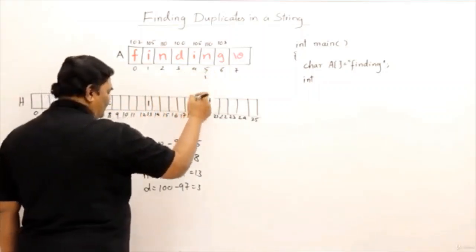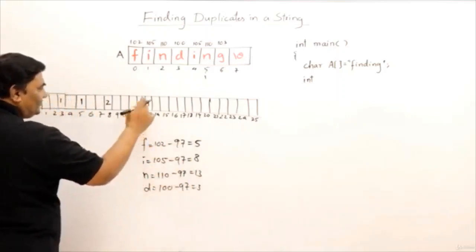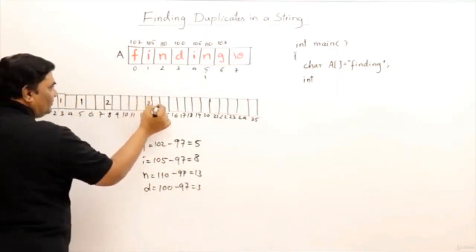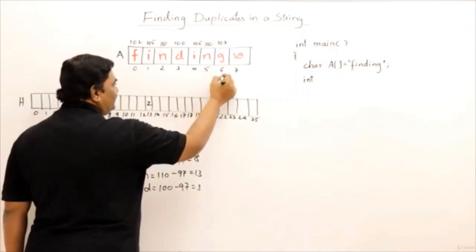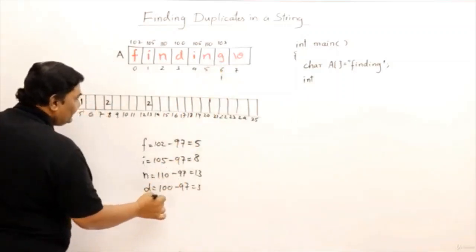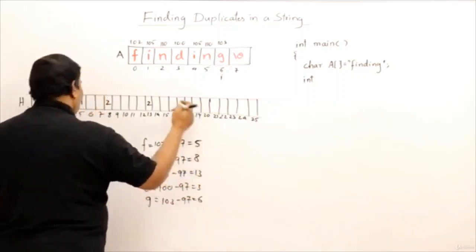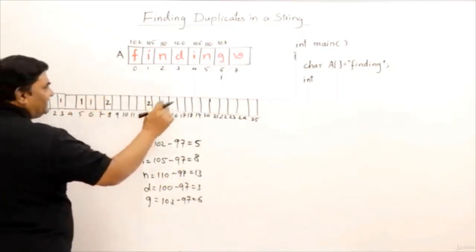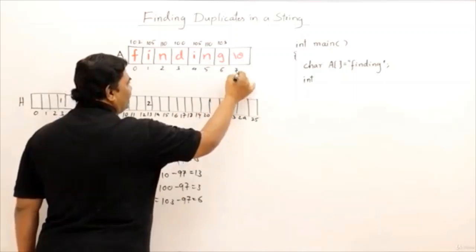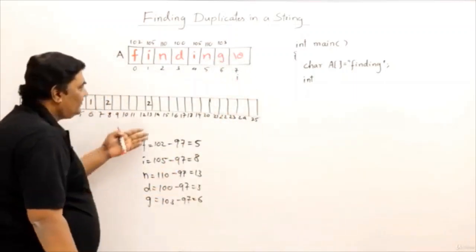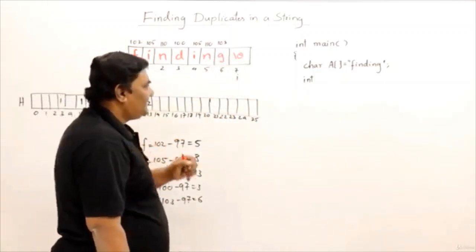The next N: 13. Go to 13. It's already 1. Make it 2. Then next is G. G's ASCII code is 103 minus 97, so this is 6. Go to index 6 and increment it. Then next is null. So that's all. We have finished the string.